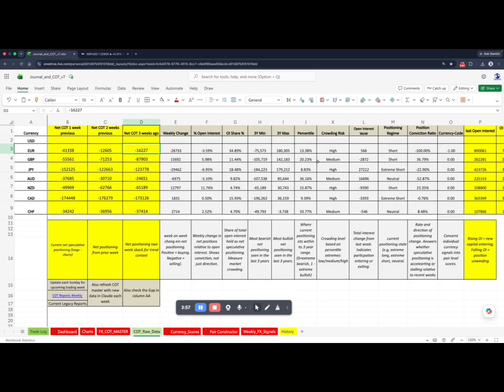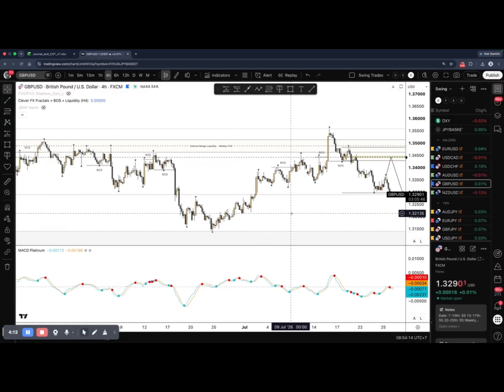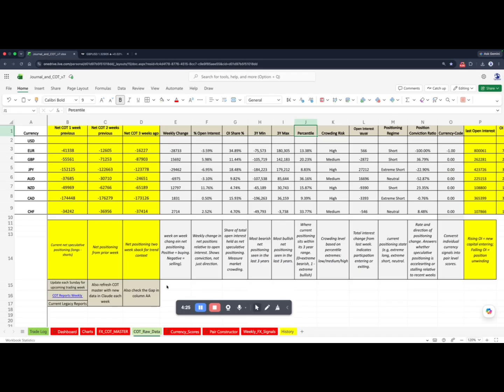Most importantly, it's telling me where it's sitting within its 3-year minimum and 3-year maximum ranges. The percentile level, column J, incredibly important. When you're looking at price action, you've got no idea, this pound US dollar chart, for example, you've got no idea where this is sitting relative to extreme levels, which is why I think this edge that I've created is incredibly powerful and very, very useful.